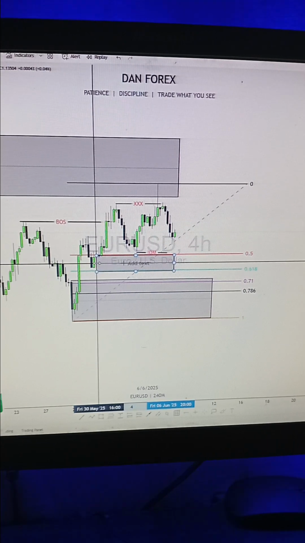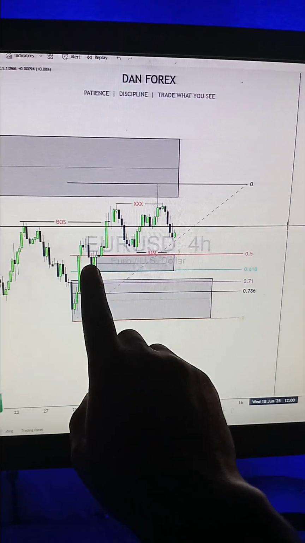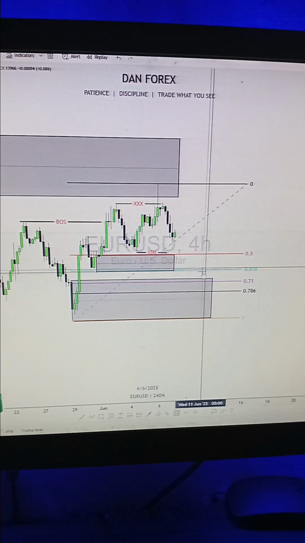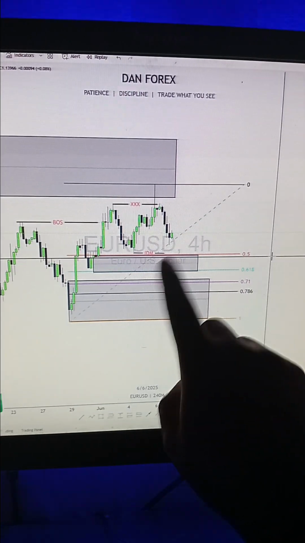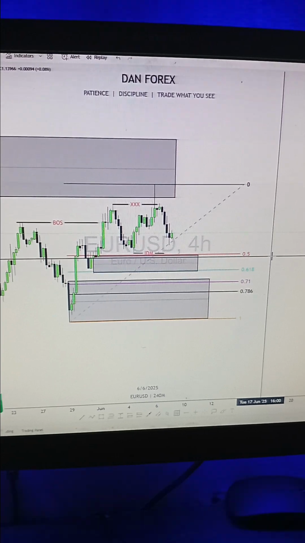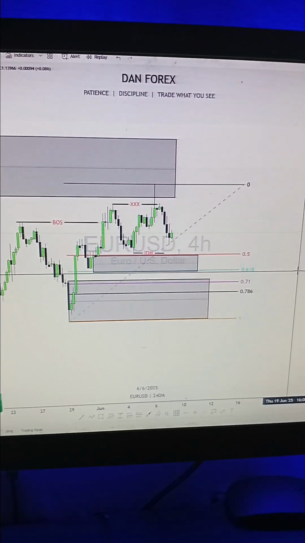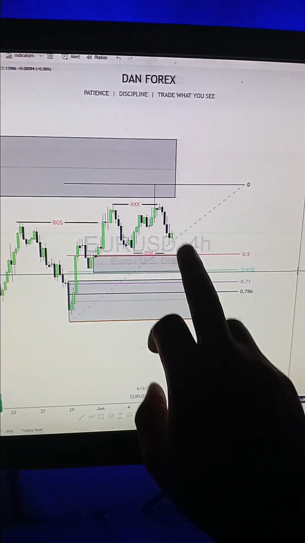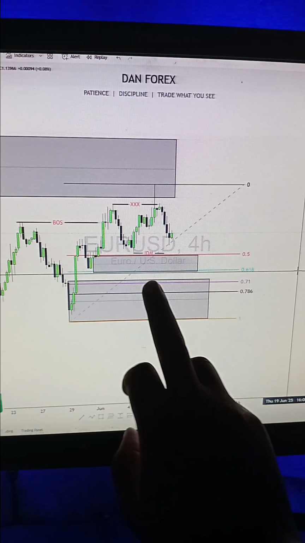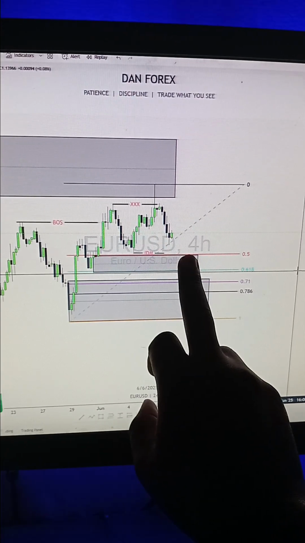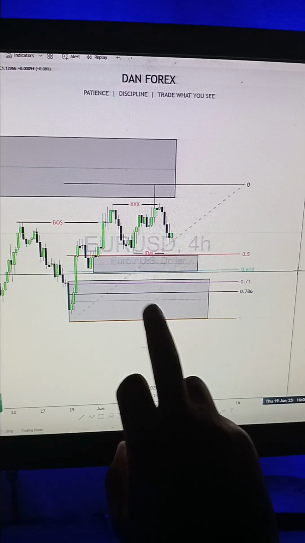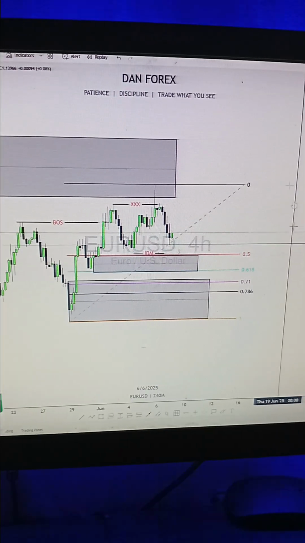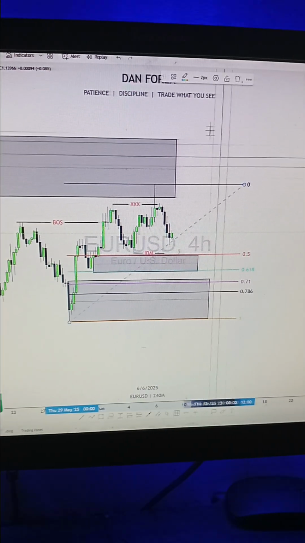In fact, we can take the shadow of this week, that week, so that will be our 50% at the equilibrium, and this to be at the extreme level. So we can look for confirmation here for a buy, and also here. If there's no confirmation here, we can also consider looking for confirmation at this area. All right, so let me delete this.